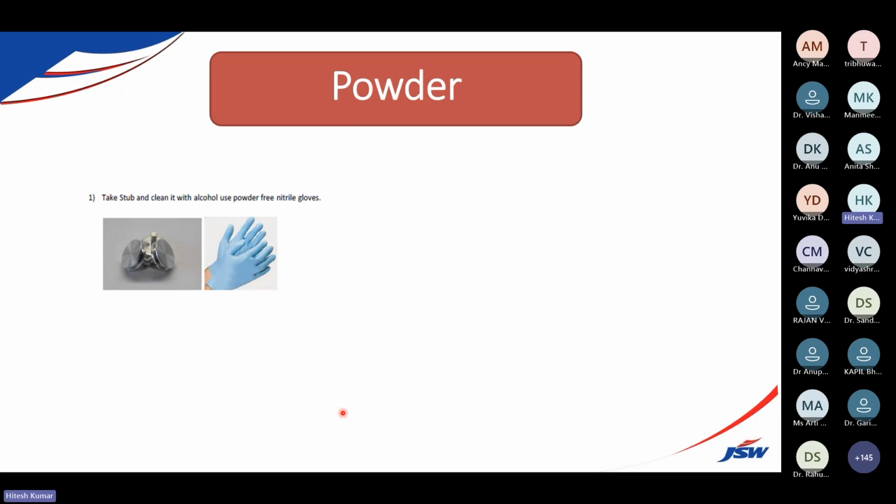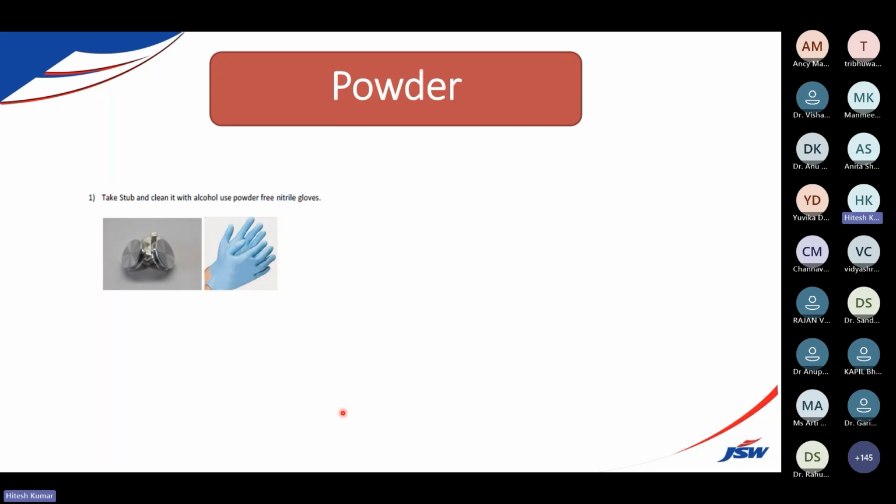So for that, you need to take your powder and dissolve it in a particular solution in which your powder will not react, so that it stays as it is.